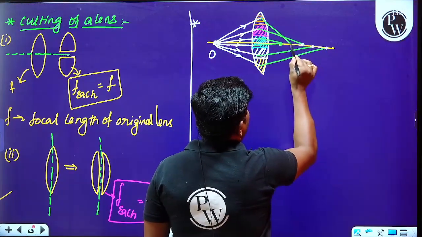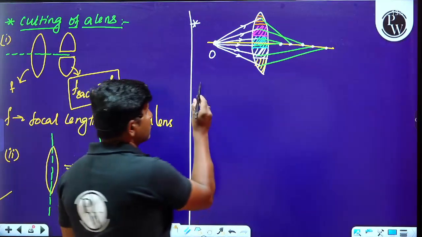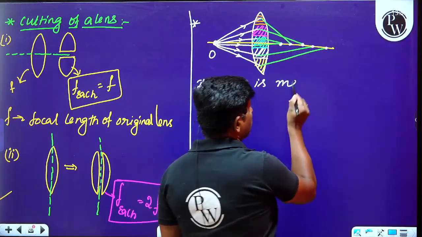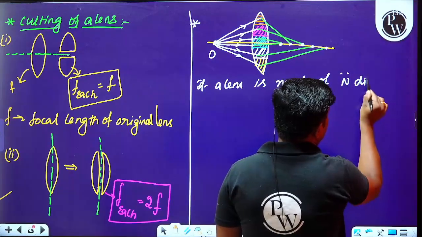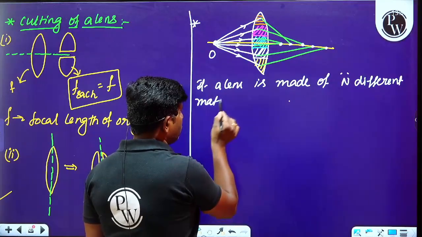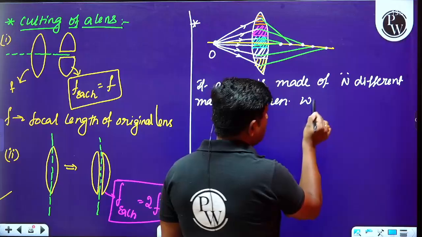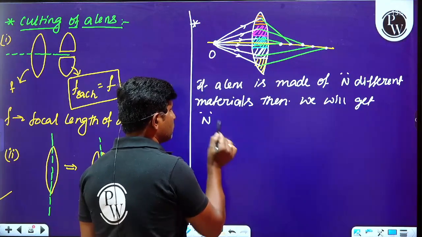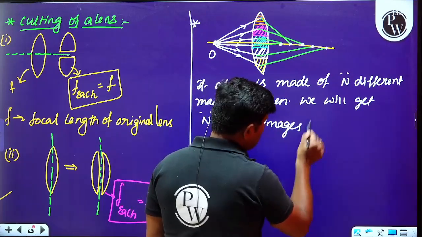whenever we calculate the total number of images, I'll write in sentences: if a lens is made of n different materials, then we will get n number of images.